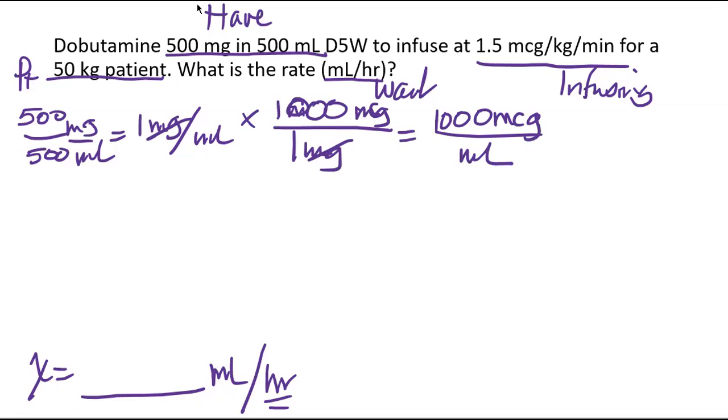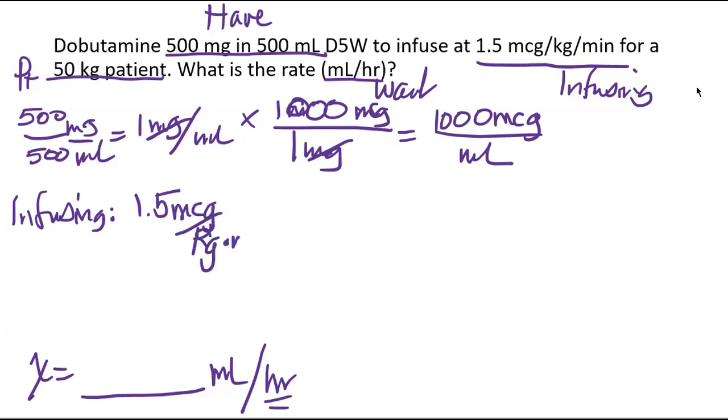We're infusing it at 1.5 micrograms per kilogram per minute for a 50 kilogram patient. All right, so infusing. We start with 1.5 micrograms per kilogram per minute. We're going to ignore minutes for a minute.